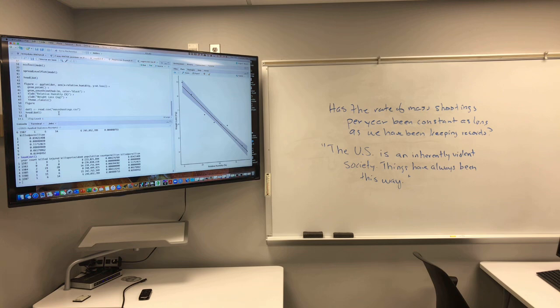Because you hear other reports in the news that basically say mass shootings have been on the rise for the last couple of decades. And so this isn't a question of politics, this is a question of data. Either mass shootings are on the rise, or they're on decline, or they've been at a constant rate.